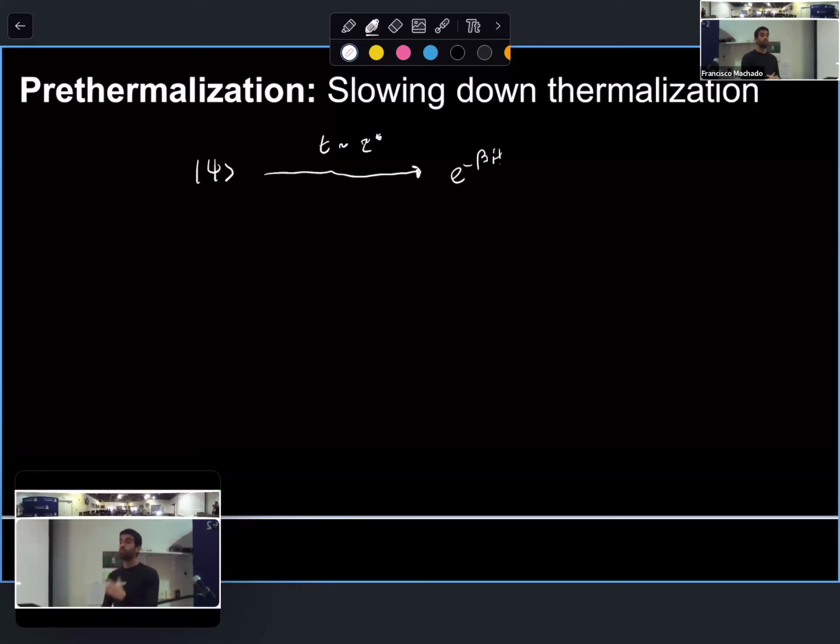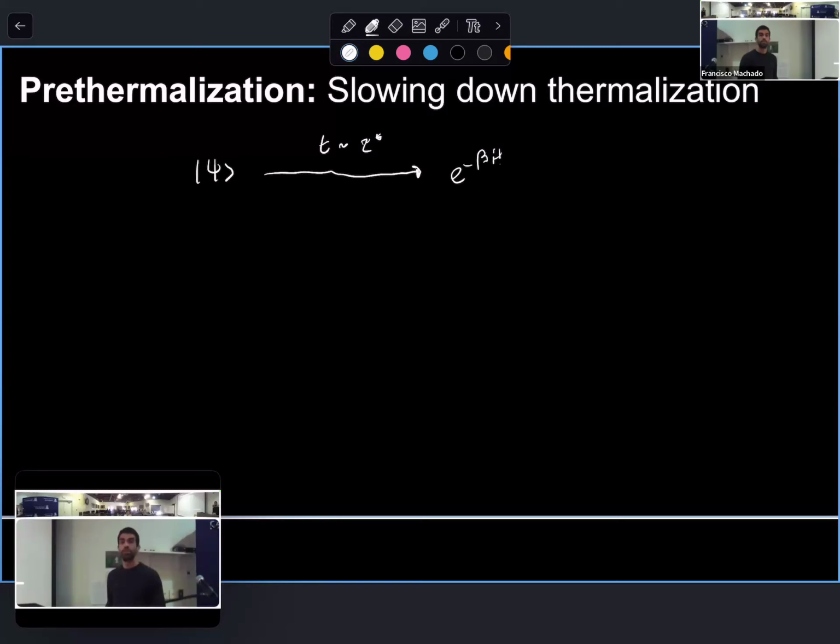And that time scale itself also affects our understanding of the dynamics of these isolated quantum systems. So in general, this is a very complicated question that depends on the details of the Hamiltonian that generates the dynamics. But today I want to zoom in on a particular class of dynamics, i.e. periodically driven or Floquet dynamics, where we have a time periodic drive. Okay?